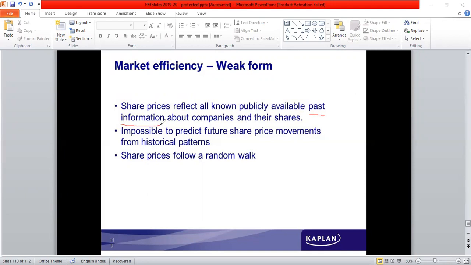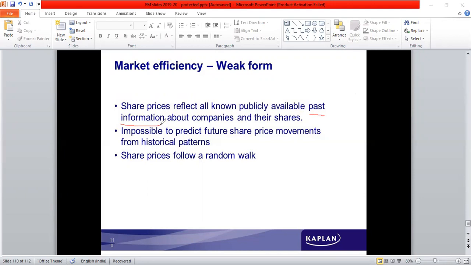Only the past data is available to the markets. The investors are not supplied with the latest, the current information, so they have to depend their decision on the past performance. What is the performance in the past? It is not necessary that it would continue in the present as well.